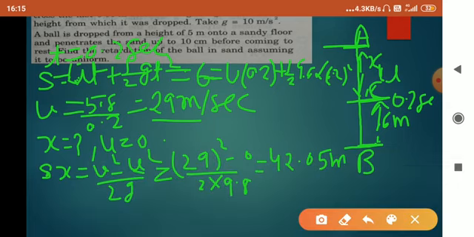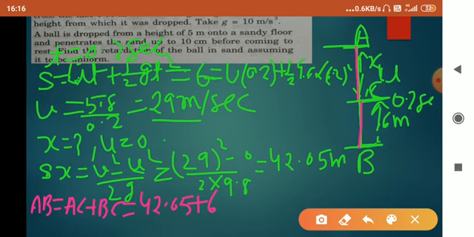AC is 42.05 meter and BC is 6 meter. So AB is AC plus BC, which is 42.05 plus 6, which is given by 48.05 meter.